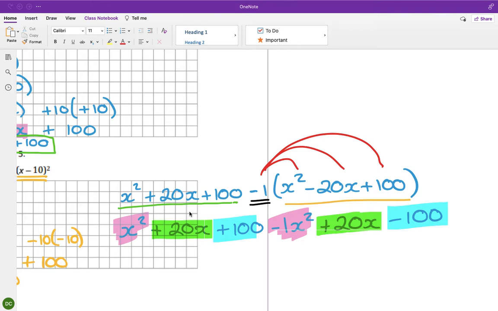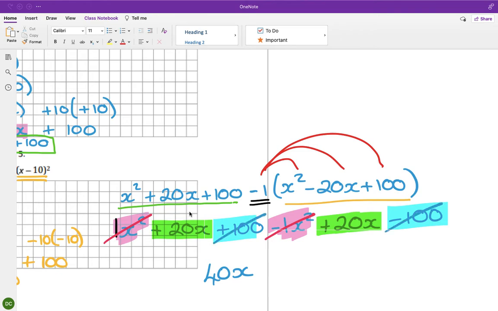So we have 1x squared minus 1x squared. They cancel. The greens, plus 20x plus 20x is plus 40x. And then the blues are plus 100 minus 100, which cancel out.